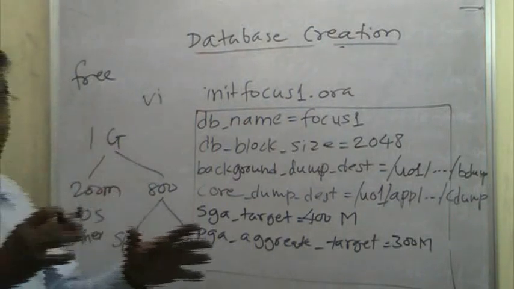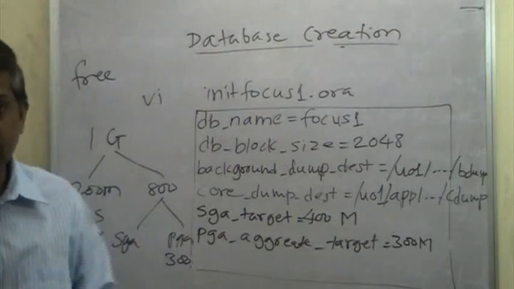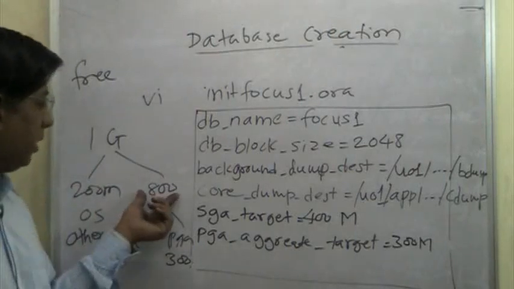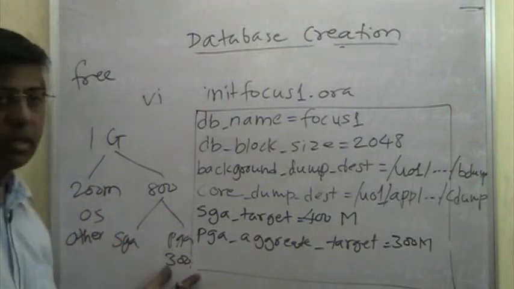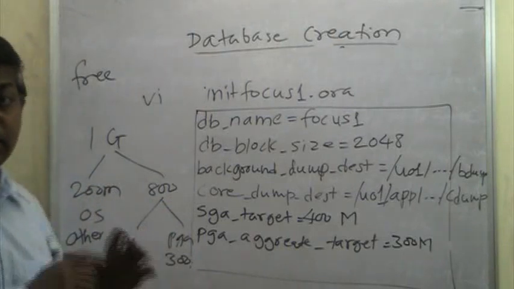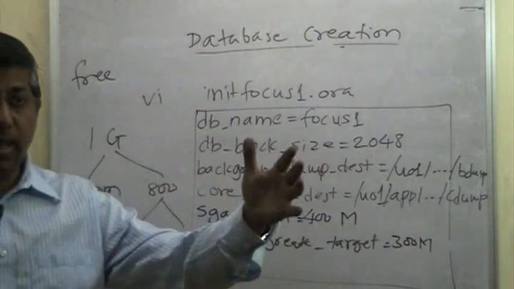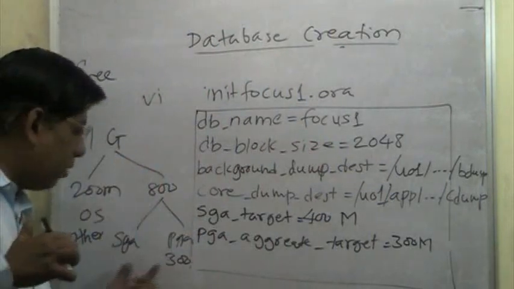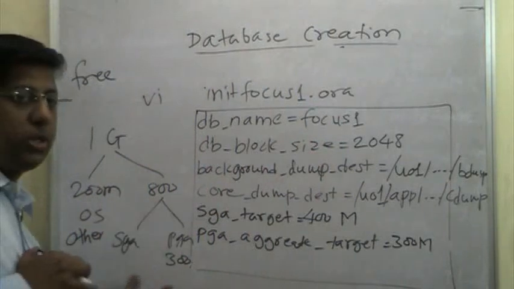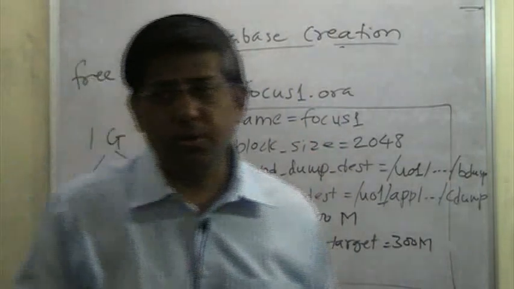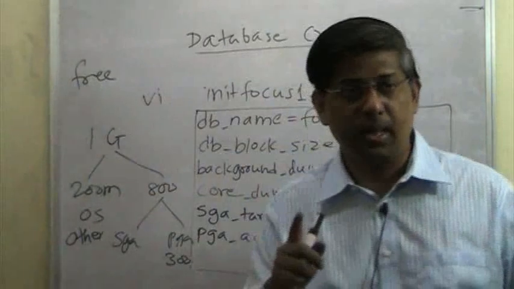It will tell you how much you have and how much is taken before even the database is started. Then whatever is remaining, you are going to assign a certain part of that to the PGA. PGA is clubbed together for all the users, and SGA is one chunk. Now before you allocate the 800 megabytes between the PGA and SGA, you need to know how many users are going to get connected to your database at a time.